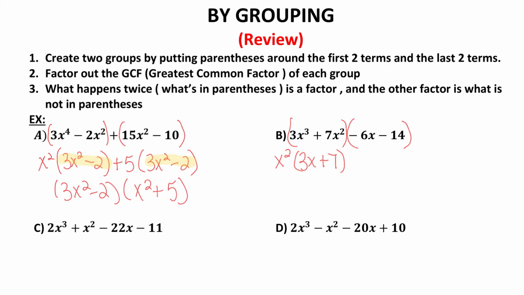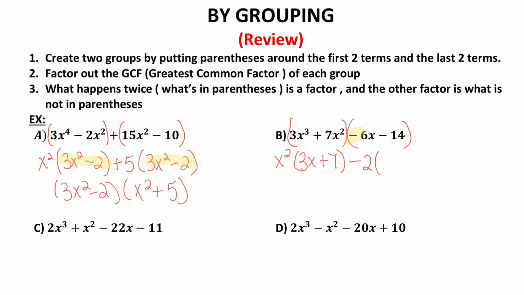The second group, when you have that negative, you want to make sure that you divide out the negative as well. You always need to divide out that negative if there's a negative there. So if I look at negative 6x minus 14, I can divide both of those by 2. So I'm going to be dividing that group by a negative 2.